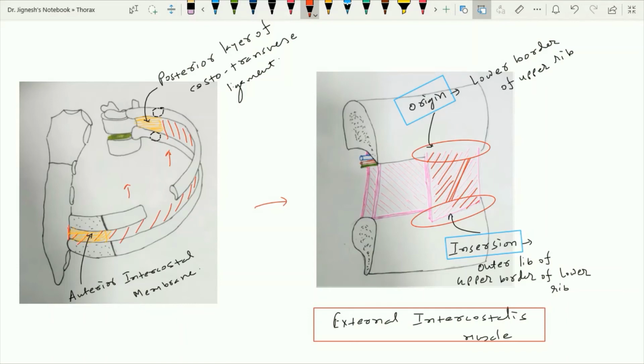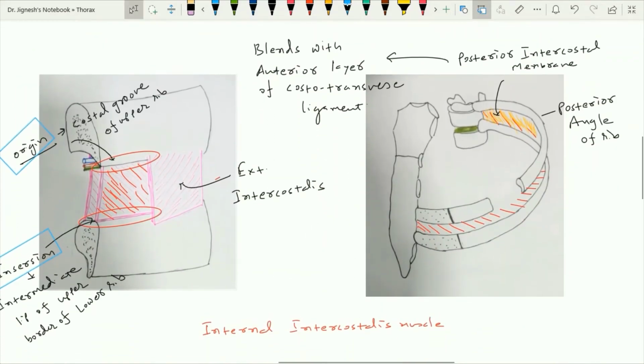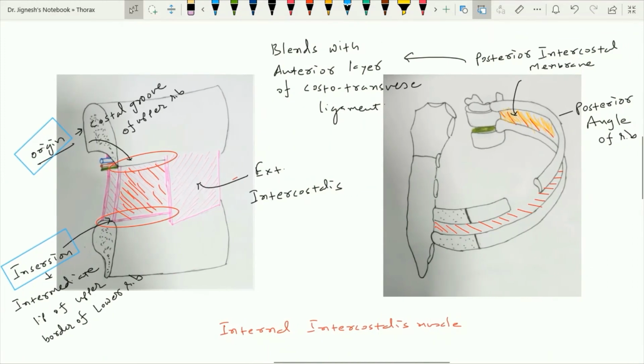While the specific action of the internal intercostalis muscle as well as the transversus intercostalis muscle, when they contract, is responsible for the depression of the rib, and this depression of the rib is responsible for the expiration.